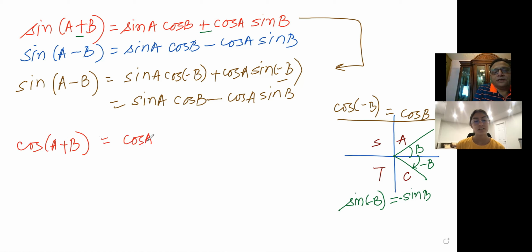Now let's look into the second formula, which is cos of a plus b, equal to cos a cos b minus sine a sine b. Slightly different, okay? So in that case, what should be cos of a minus b?